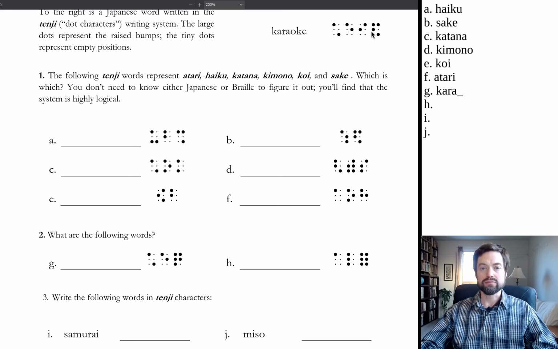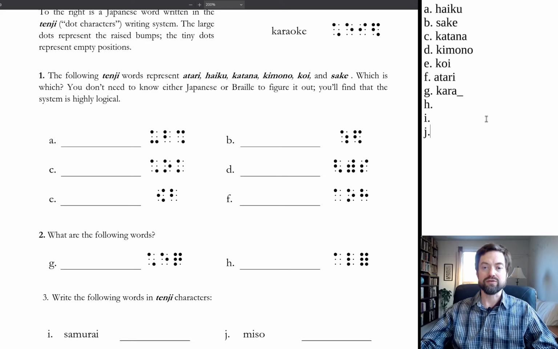Okay, does that pattern hold for everything? Let's compare across everything we have. We have haiku, there's the ha, E. Okay, so E gets 1 and 3.